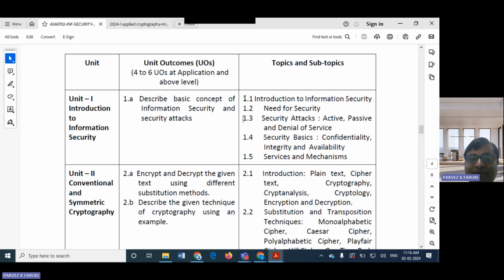In very brief, in these two classes we covered information security. Why do we need security? We also took real examples in the presentation in the first class. Now we again looked at these terms with reference to your syllabus. We discussed in detail the types of attacks.